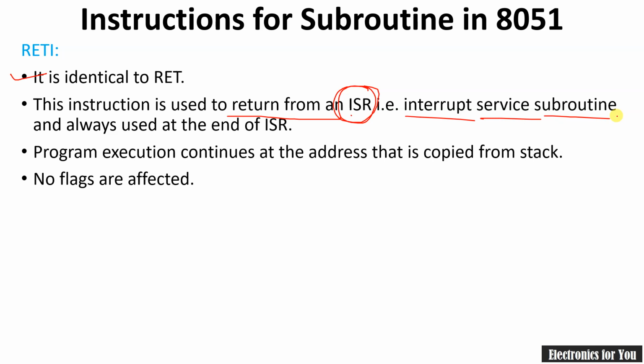Okay, if you don't know anything about interrupt requests, note here that interrupts are signals which are used by some external devices to make the 8051 controller stop, or we can say halt, the main program. So the interrupt service subroutine is the program which works on the interrupt signal.